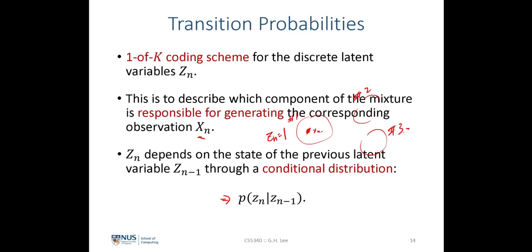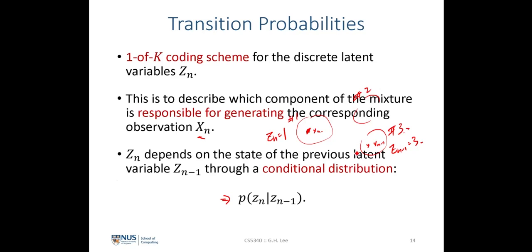And what's interesting here is that, as I've mentioned many times throughout the lecture, Zn, which is in the current time step, is going to be dependent on the state of the previous latent random variable Zn minus 1. Now suppose that the previous observation is over here in cluster 3. So this is xn minus 1, where Zn minus 1 is equal to 3.